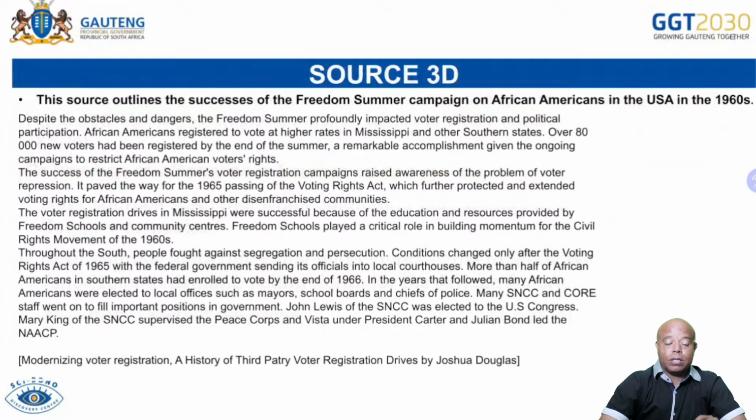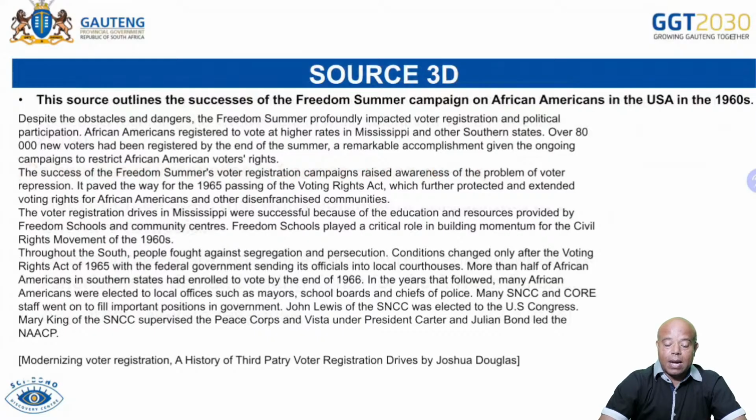The voter registration drives in Mississippi were successful because of the education and the resources provided by Freedom Schools and community centers. Freedom Schools played a crucial role in building momentum for the civil rights movement in the 1960s. Throughout the South, people fought against segregation and persecution.